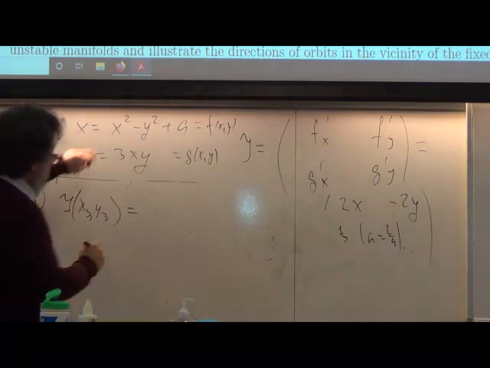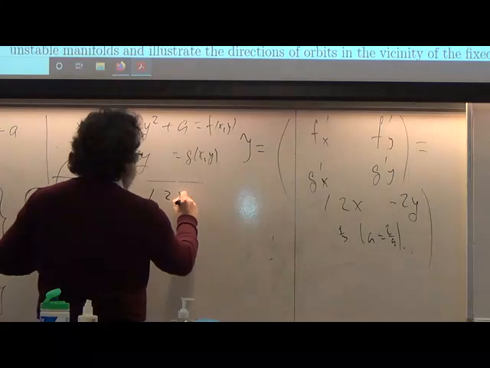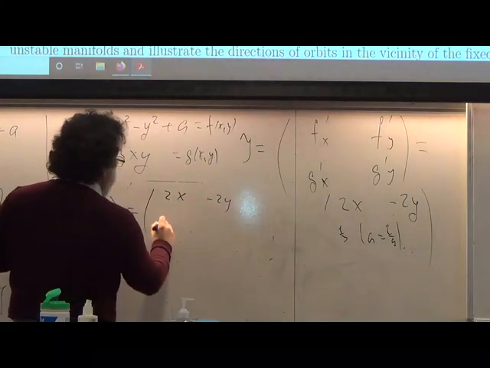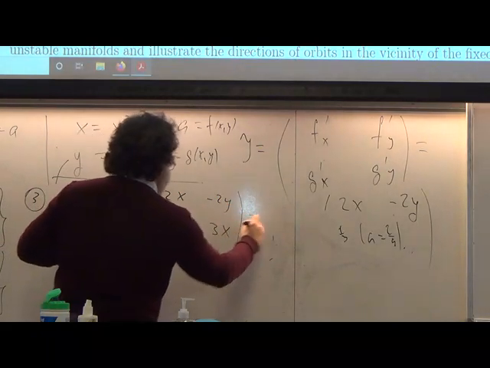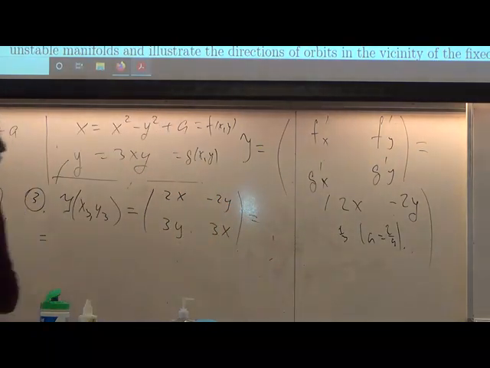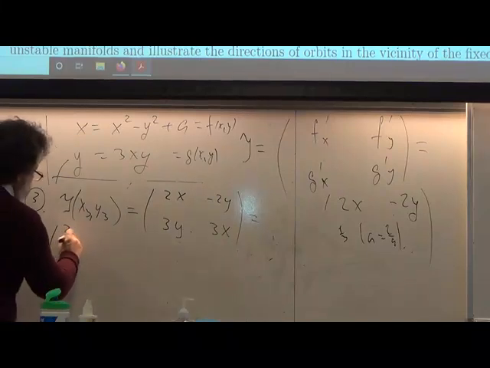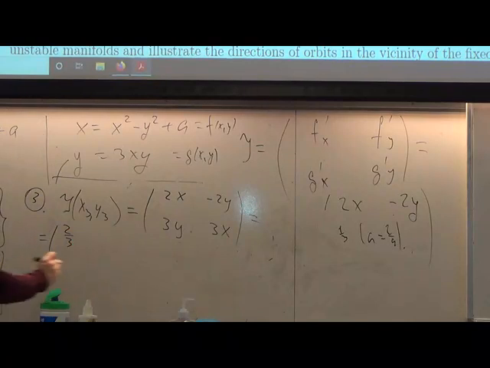So it was 2x, minus 2y, 3y, 3x. This will be equal to: x3 is 1 over 3, so 2 over 3. Here will be 1.